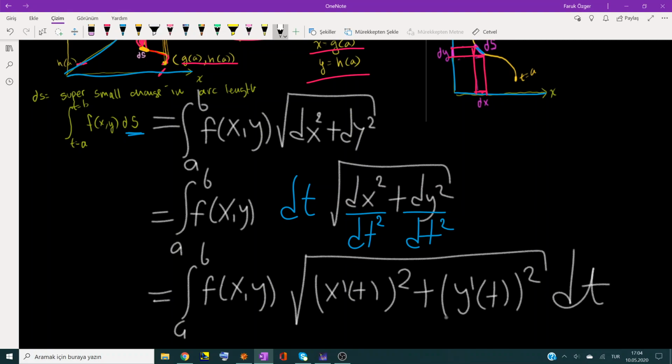And don't forget that the curve is given by a parametric equation, x equals g of t and y equals h of t. Then the curve is given, and it will be requested to find the line integral over that curve. Using this formula, it will be very easy to compute the line integral of a given curve.